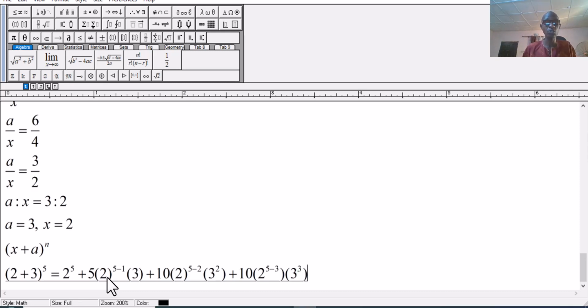So we are going to see what it will give us. So we have, that's 32. That's 5 into 16 into 3 plus, this is 10 into 8 into 9, then we have 10 into 4 into 27.